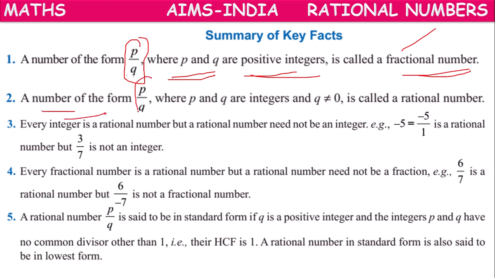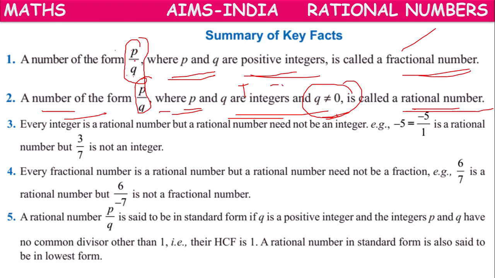A number of the form p by q, where p and q are integers, may be positive or negative, and denominator q is not equal to 0, is a rational number. Means in rational numbers, we can have negative integers also, but in fractional numbers, not.